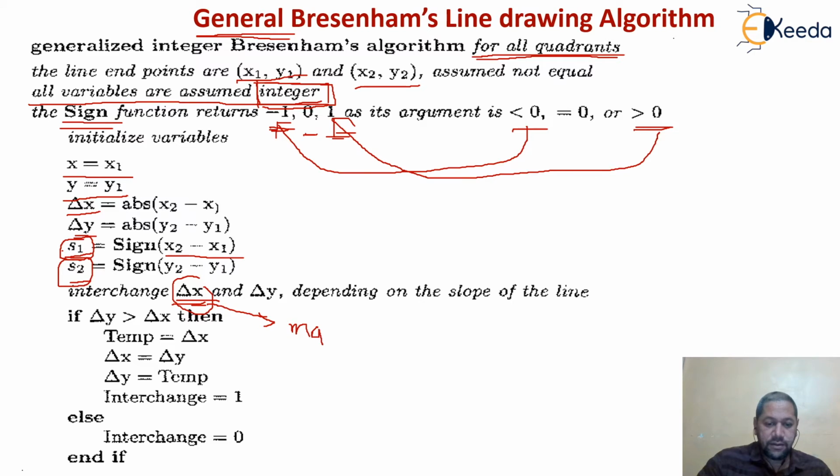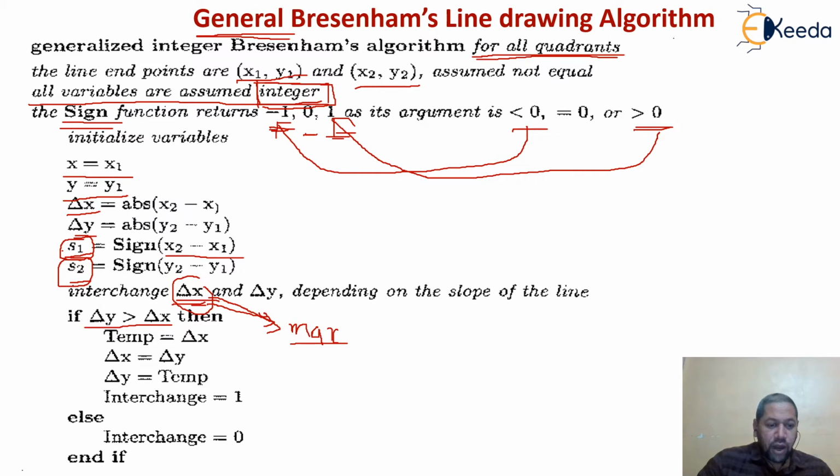But we interchange delta x and delta y depending on the slope of the line. If delta y is greater than delta x, I'm going to interchange delta x and delta y, because I'm always assuming that delta x is maximum. My for loop will be from i equal to 1 to delta x, and delta x is the maximum value.